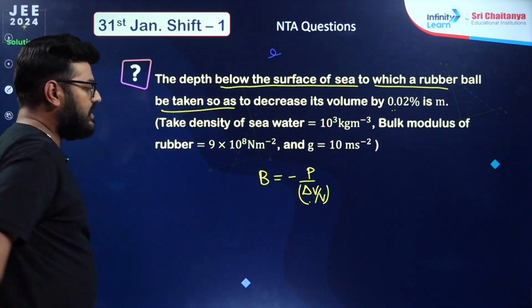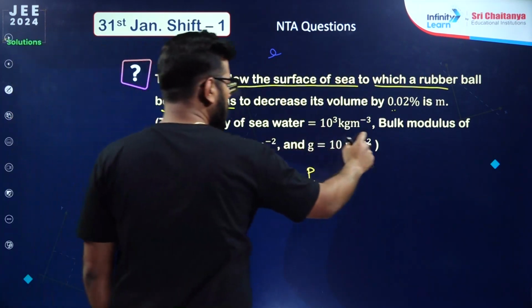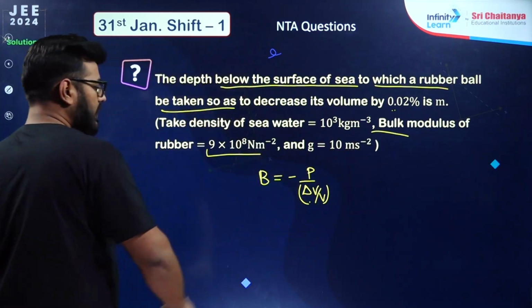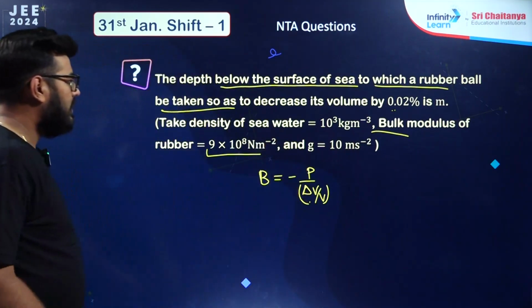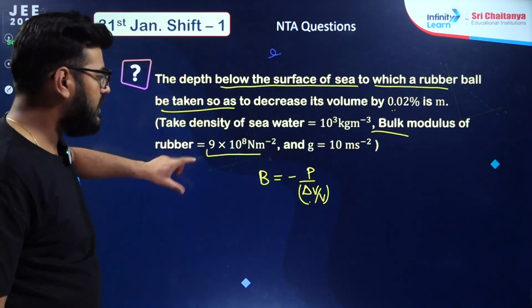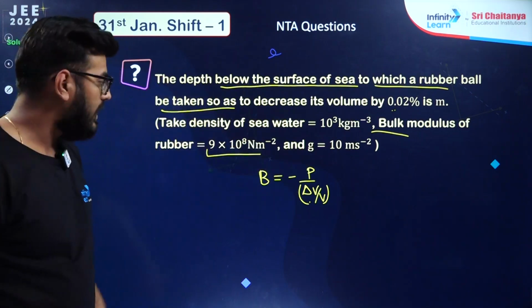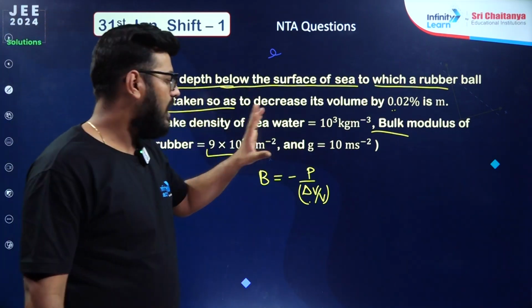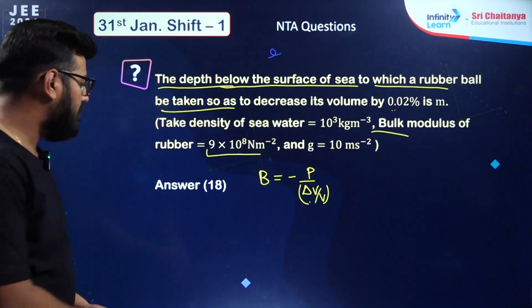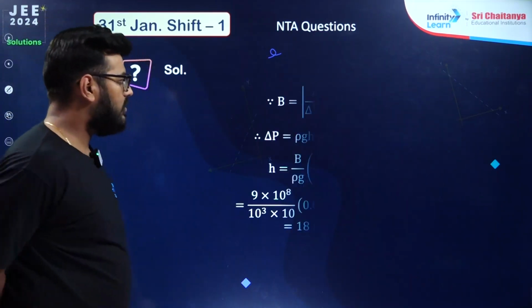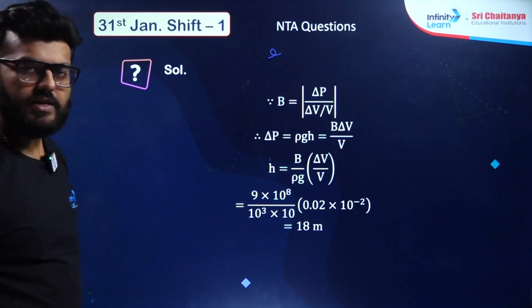You need to find out the pressure based on the bulk modulus, which is given as 9 into 10 raised to the power 8. Once you have calculated the pressure, then atmospheric pressure plus rho g h will give you the value of height. That is the depth they are asking about over here. Answer will be 18. 18 is the correct answer over here. Based on this, you can very easily find out the answer.